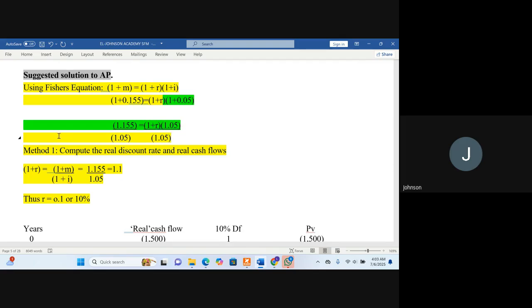So we divide both sides by this. Once we divide both sides by this, let me change it to yellow or another color.